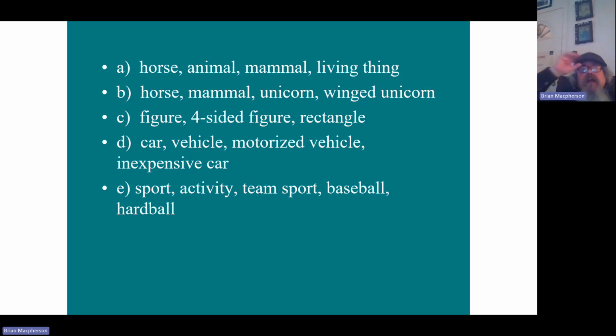Now, one caveat here is that unicorn and winged unicorn denote the empty set. So strictly speaking, although the increasing intension from mammal to horse decreased the extension, going from horse to unicorn and winged unicorn, the extension is empty in both cases. They're fictional entities, right? At least as far as I know, I've never seen a unicorn, and I've certainly never seen a winged unicorn.